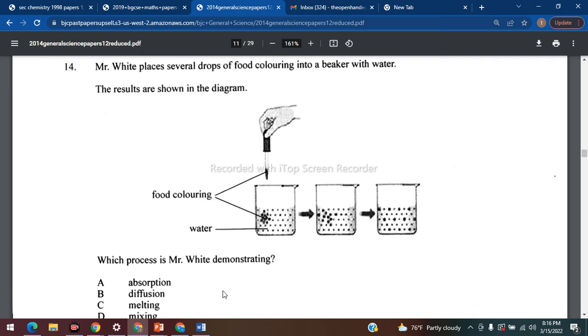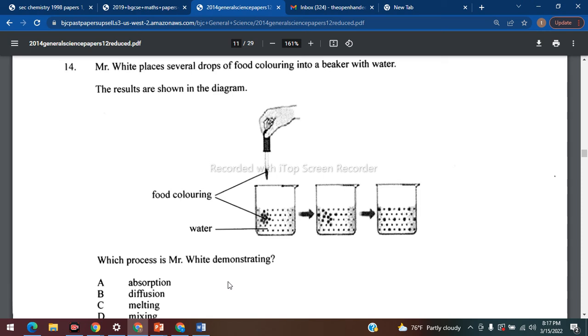Diffusion is when something moves from a high concentration to a low concentration, basically to become evenly spread out. Like I say, sometimes you get something wrong, sometimes you get something right.